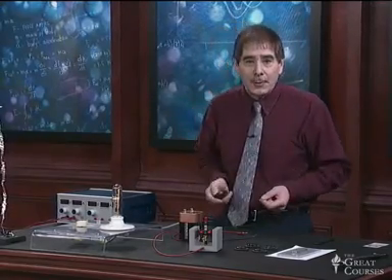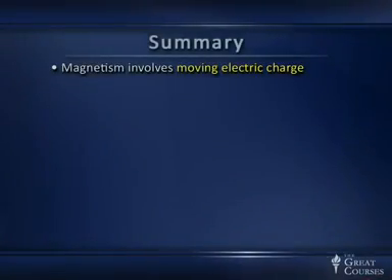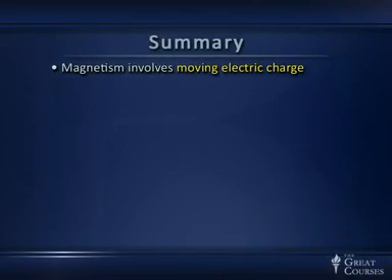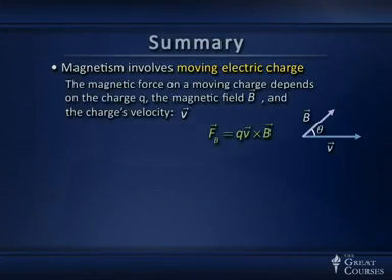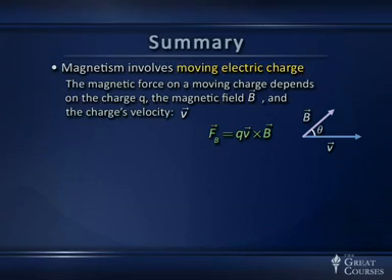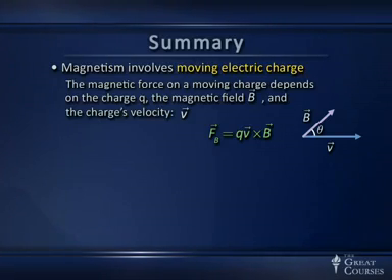So let's summarize what we know in this first lecture on magnetism. The big idea, the thing you should remember 10 years out from this course, if you've forgotten everything else, is that magnetism is really about moving electric charge. The magnetic force on a moving charge depends on the charge, it depends on the magnetic field strength, and it depends on the charge's velocity by this complicated geometrical relationship that we can sum up in that simple mathematical statement I've written there.